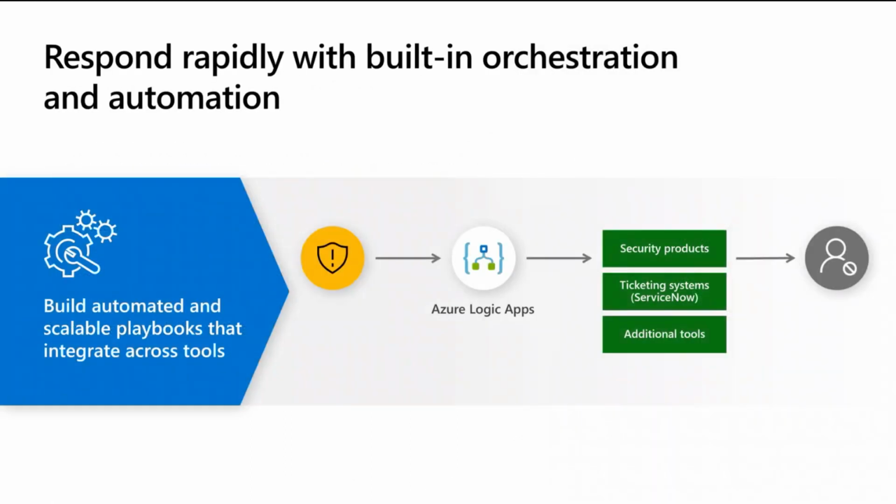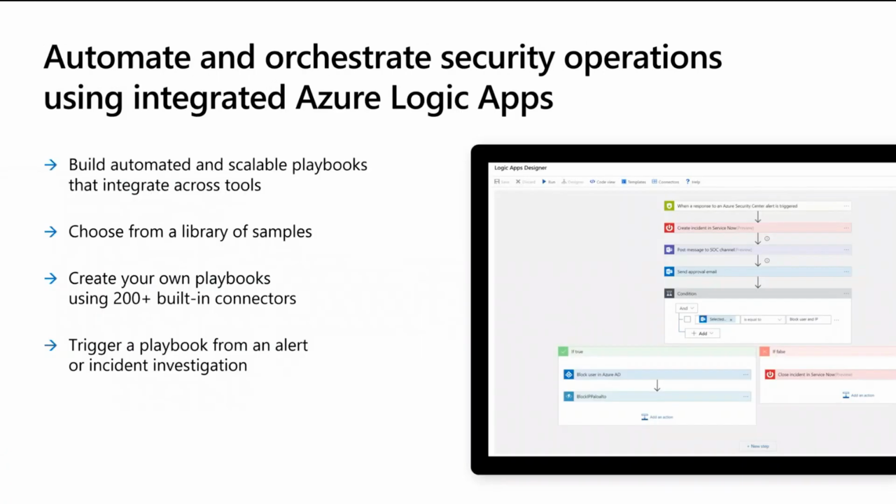Then last but not the least, automation. I have already described Azure Logic Apps. I have already described notebooks. I have already described playbooks. If you need an automated response to a particular incident, you can configure it. This is the actual interface of a logic app.